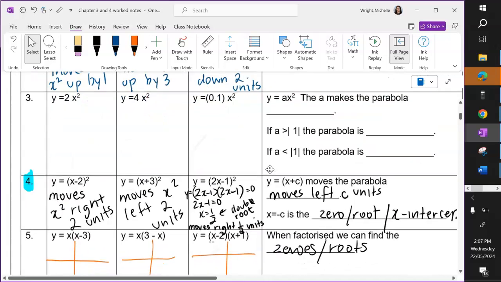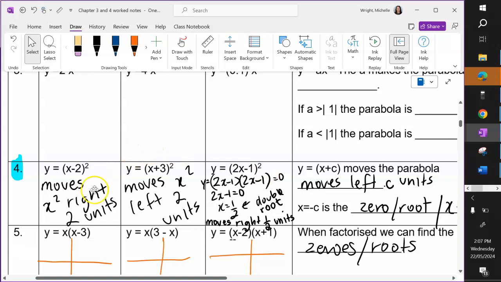If we were wanting to translate our graph left and right, that would look like these ones. And we can draw those. We just drew that one. X minus 2 squared moves our graph 2 units to the right. X plus 3 squared moves our parabola x squared 3 units to the left. And this one's a little bit different, and we had a look at this in class. 2x minus 1 squared, it's going to move our graph because there's a negative.